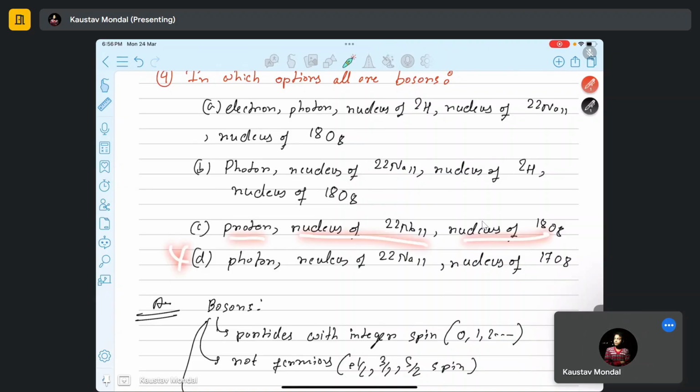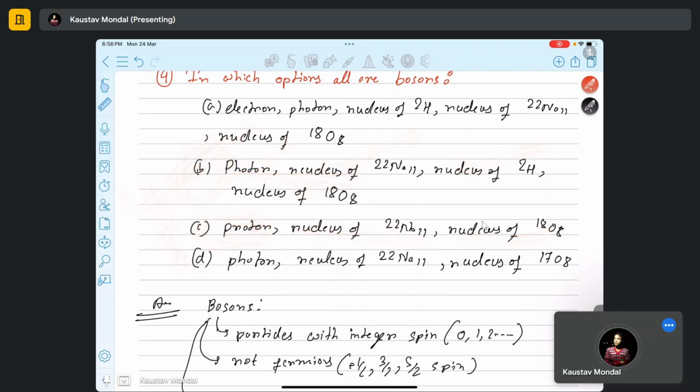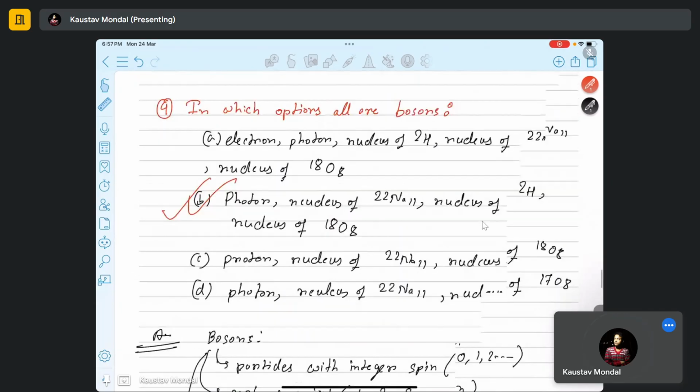Proton is a fermion, so this is also excluded. But photon is a boson, nucleus of sodium, this is also a boson, this is also a boson. So option B is the correct option. Photon, nucleus of sodium, nucleus of deuterium, and nucleus of oxygen-18. That's it.